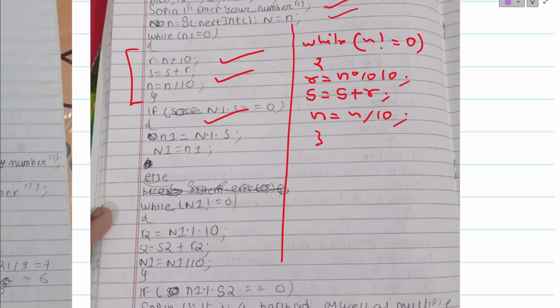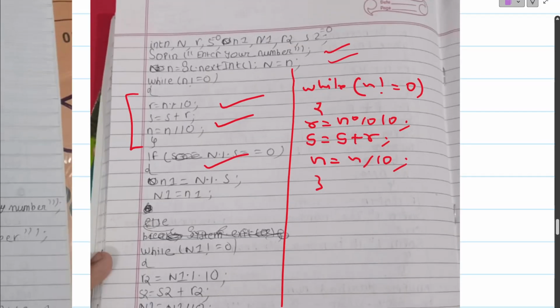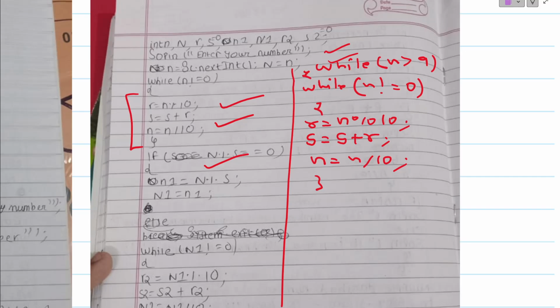Everywhere this work has to be done, and here I need to check everywhere. There has to be another while which needs to check. Suppose here n should be every time greater than 9. Do you remember the magic number? The same kind of logic will be used here. And here what will I be doing?